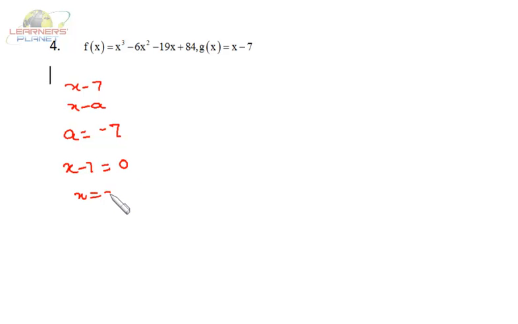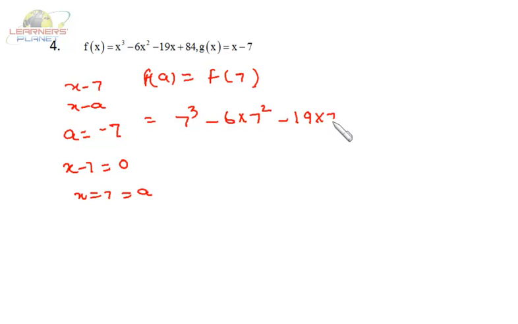Whatever the value of x will be the value of a. So let's calculate f(a), or we can say f(7). So put the value of x as 7. So it will be 7 cube minus 6 into 7 square minus 19 into 7 plus 84. So 7 cube is 343.